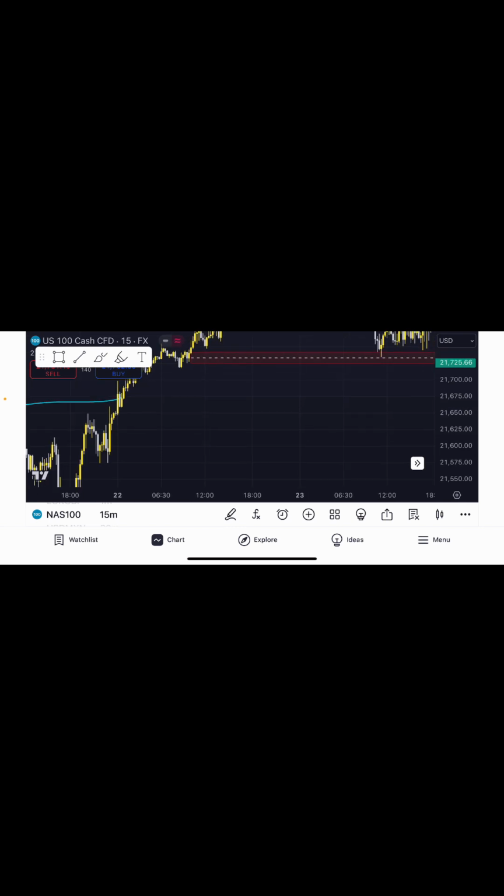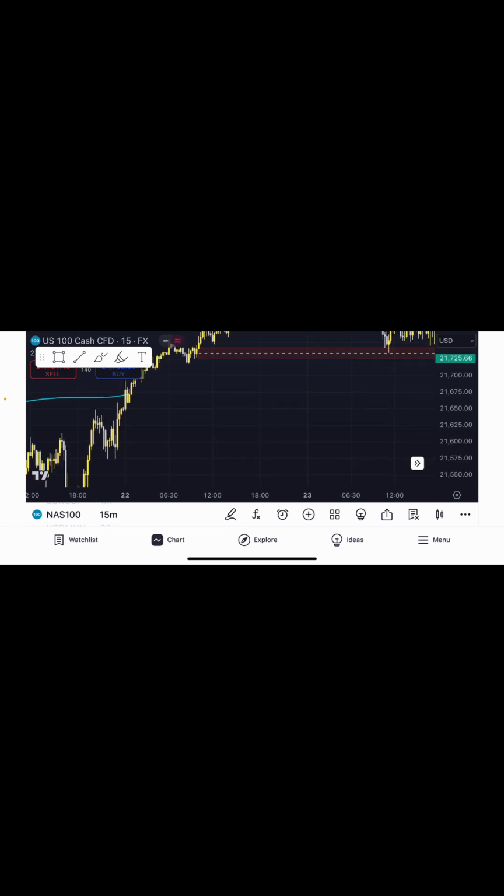As you can see here, we have a very huge imbalance in the order block. This is our imbalance, marking my imbalance, and then marking my order block. This candlestick is the order block.